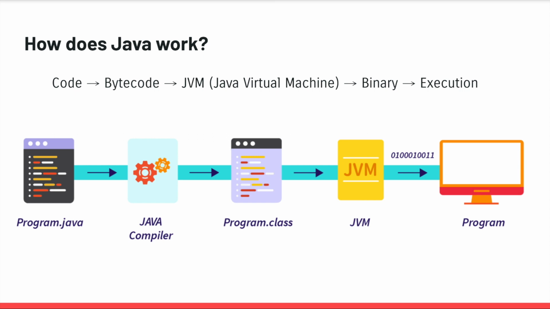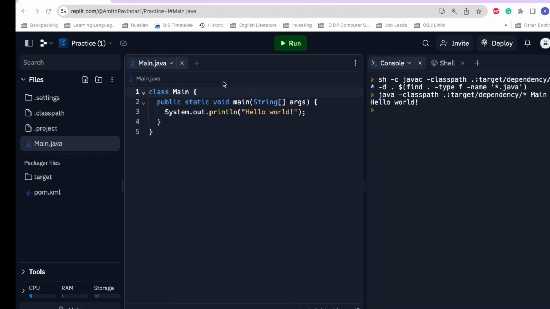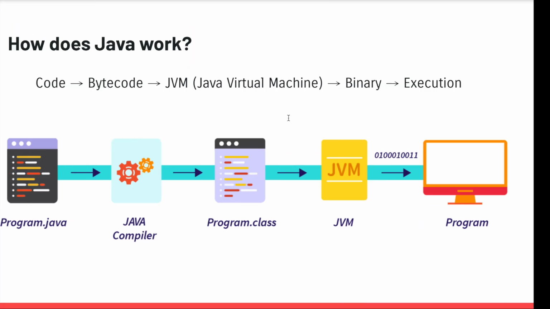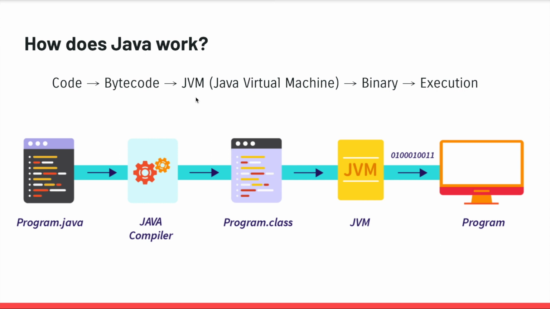So we go from a .java file to bytecode via a compiler, and then that bytecode goes to something called a Java virtual machine, which is going to be stored on your computer. In the case of repl.it, that's stored on their servers, but basically bytecode goes into the Java virtual machine, and then from the Java virtual machine, we get binary code.